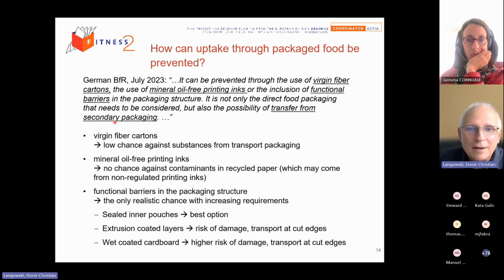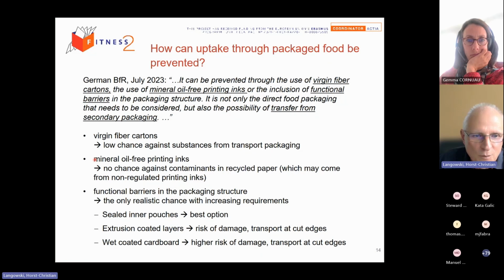That's all true. And the question we have to put now is what helps us really and what has only a low chance. And the point is the primary package, if you look to virgin fiber package cartons, it gives only a low chance against the transport of substances from the transport packaging, because the transport packaging still is not made from virgin fiber cartons, but from recycled paper containing those mineral oil residues.